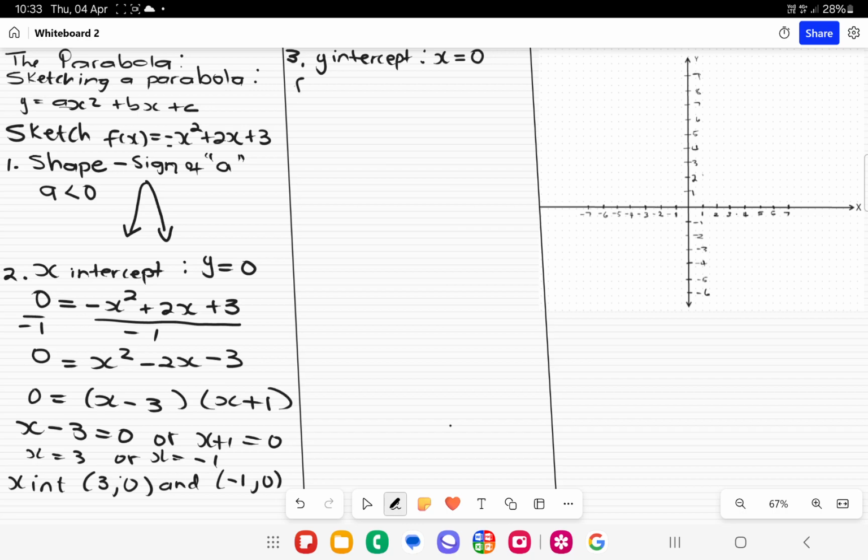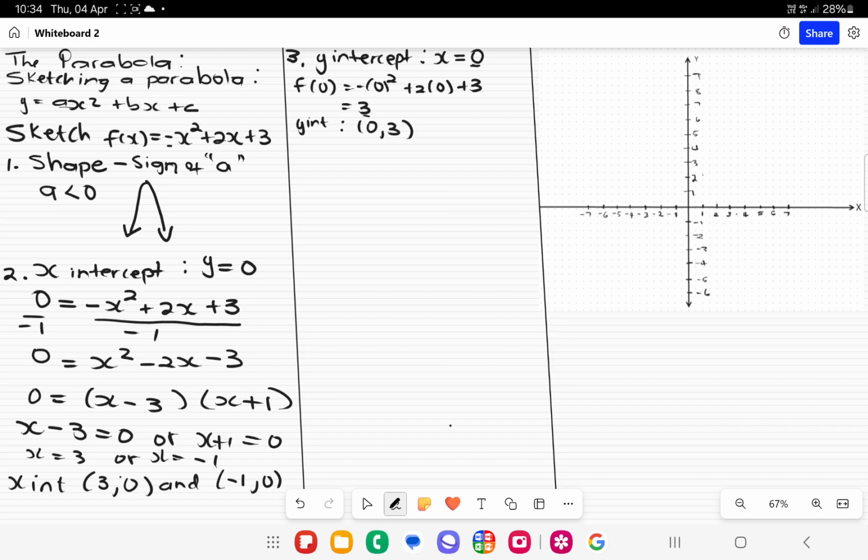So f of 0 equals negative 0 squared plus 2 into 0 plus 3. That gives you 3. So my y-intercept is (0, 3).